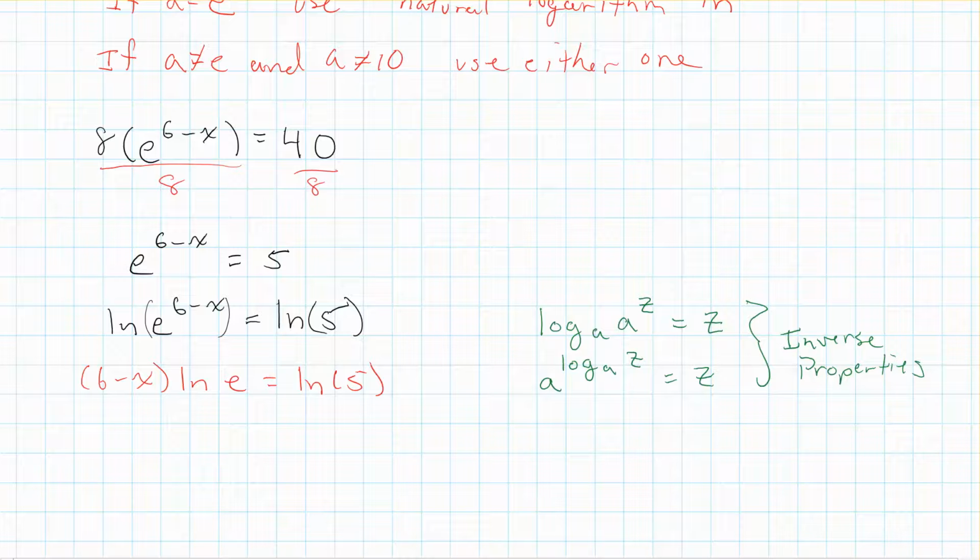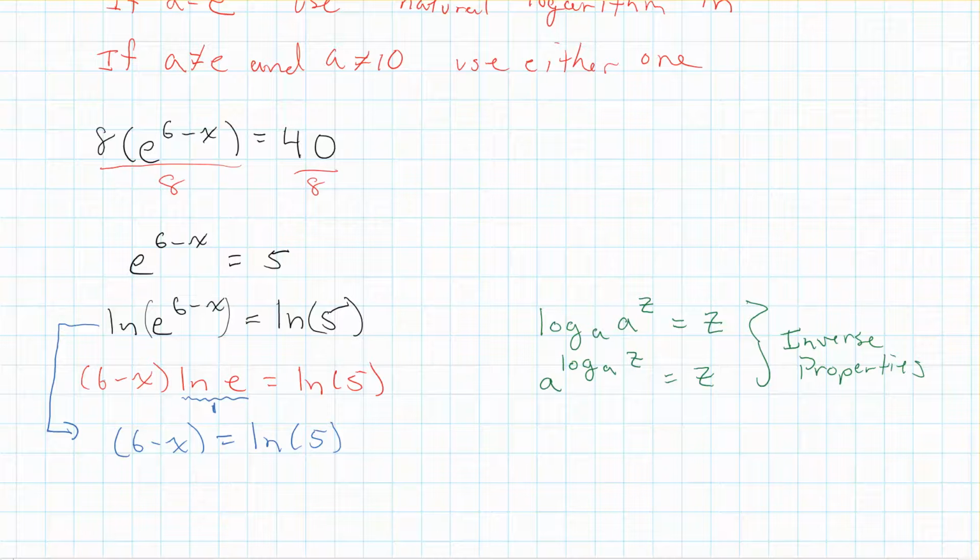And so really we could just skip from this line and go down to writing this as 6 minus x equals the natural log of 5. Because if you do the natural log of both sides, natural log of e, you can do it in your calculator, but this here is just going to be 1.